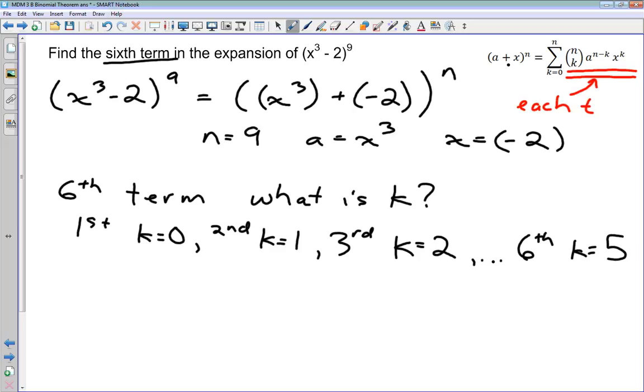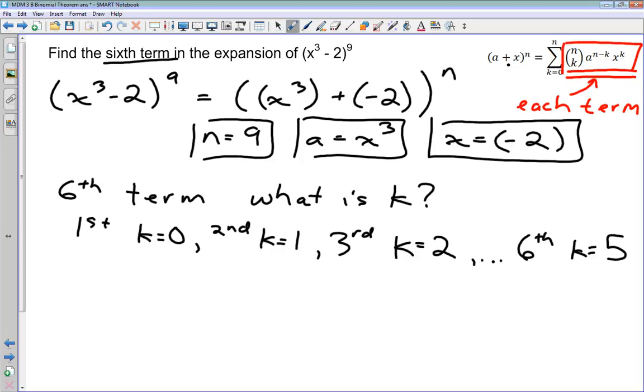So each term is going to have that form. So we want to just take our value of n, our value of a, our value of x, and our value of k, and put them into that formula.